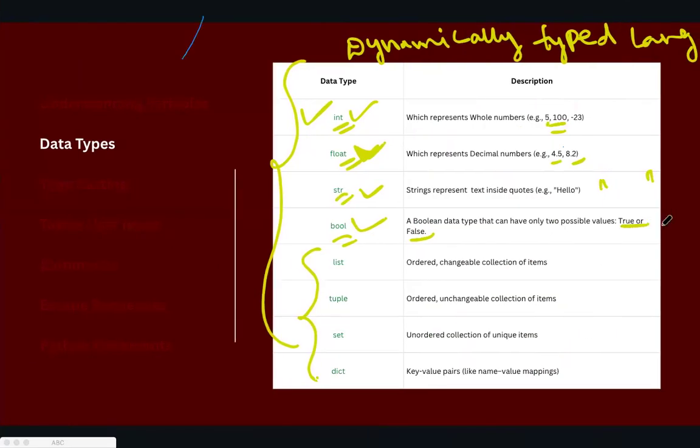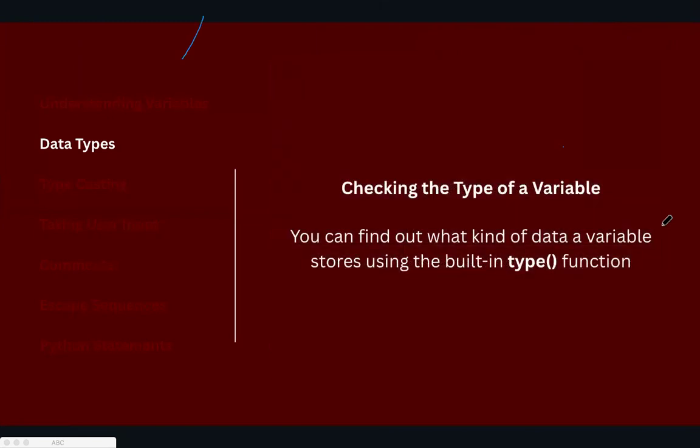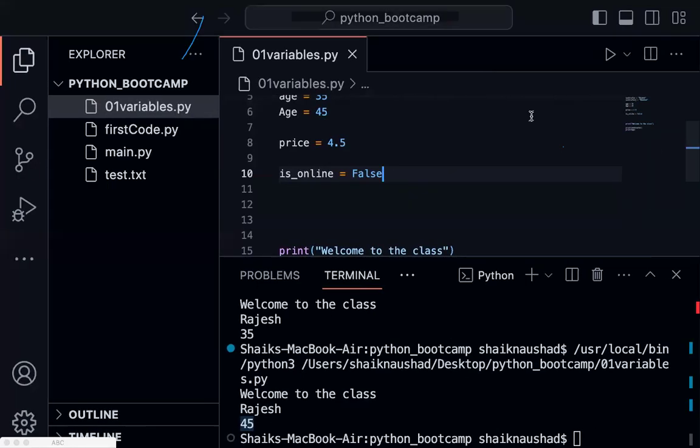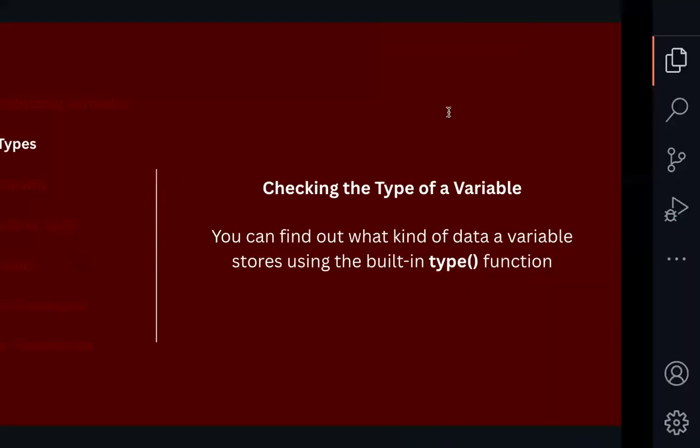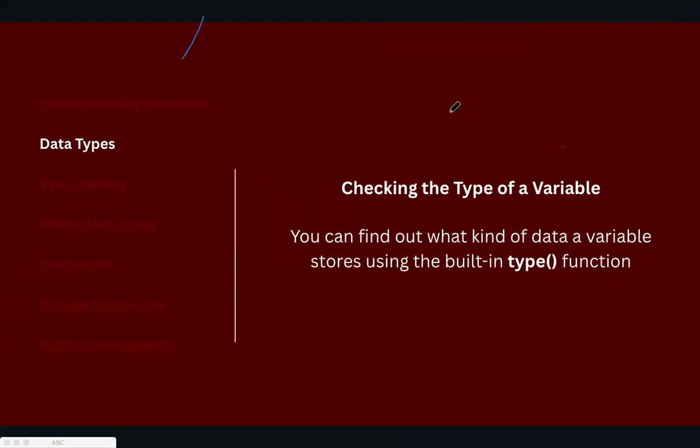So now let's move on to the next part, checking the type of variable. Now, as you see here, you can find out what kind of data a variable stores using the built-in type function.